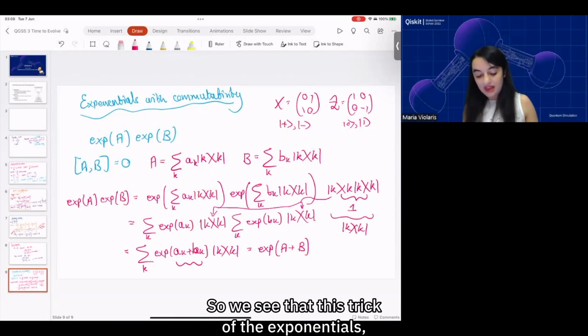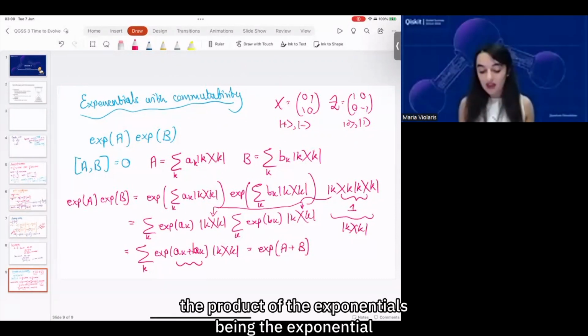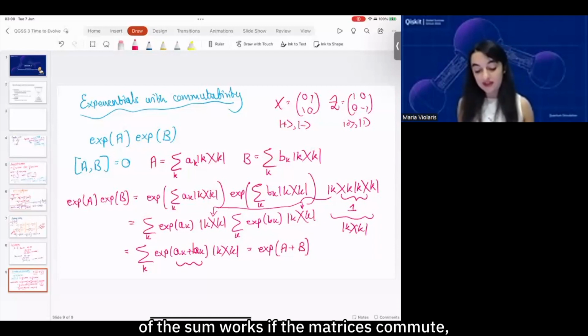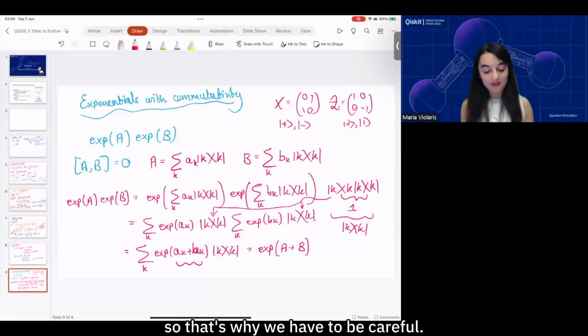So we see that this trick of the product of the exponentials being the exponential of the sum works if the matrices commute, but we can't use it if the matrices don't commute. So that's why we have to be careful.